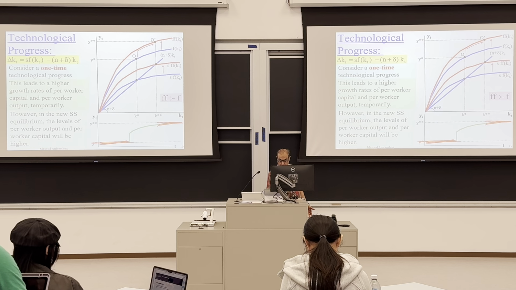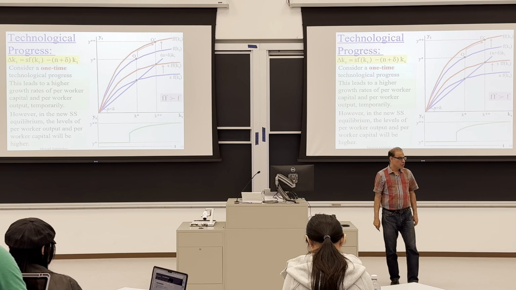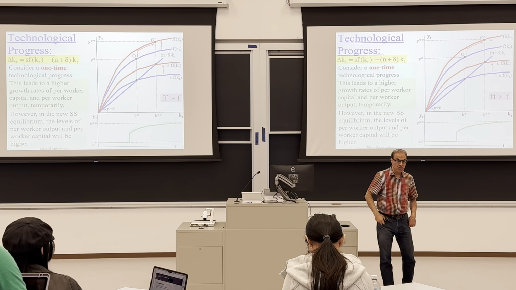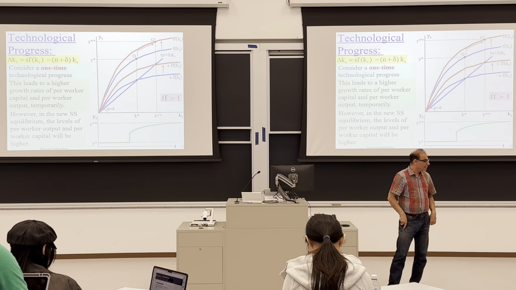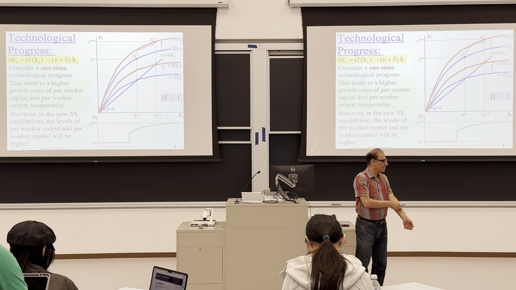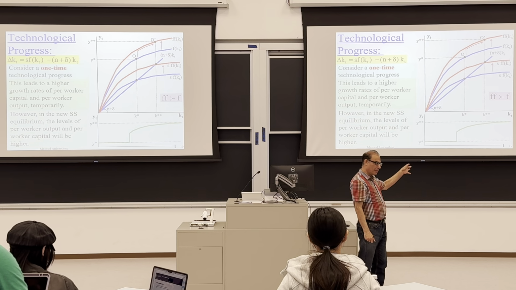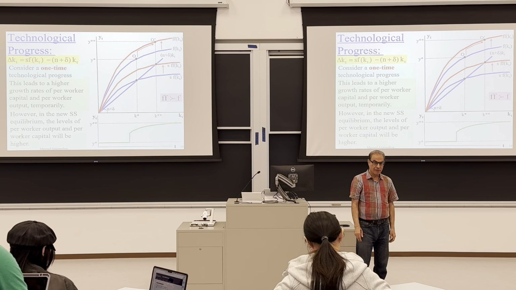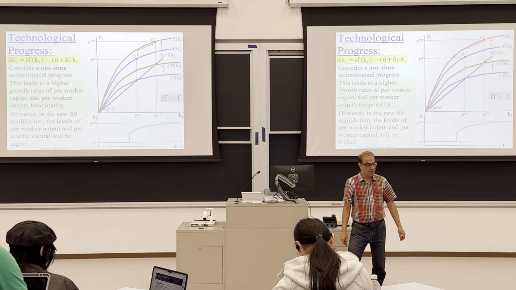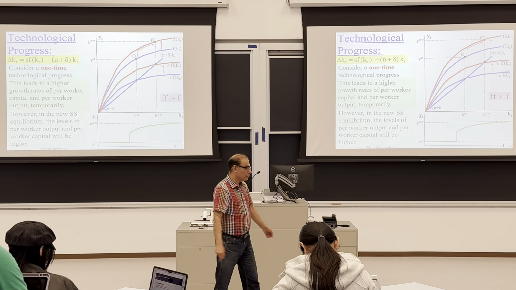So output growth rate becomes positive only temporarily. Even one technological progress cannot create a continuous growth rate of the economy forever. But Mr. Solow came up with this idea. Do you know what he said?